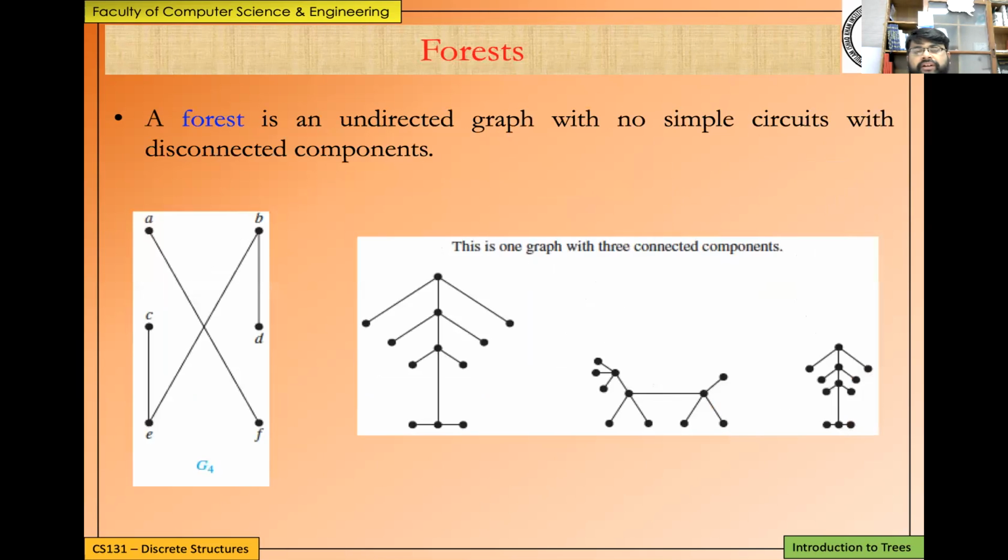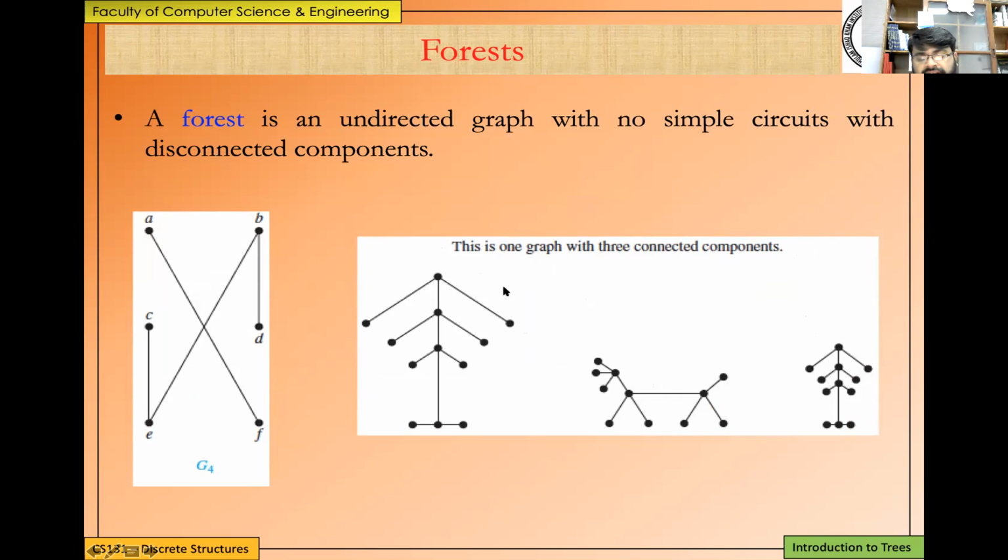On the other hand, what is a forest? A forest is an undirected graph with no simple circuits, with disconnected components. For example, G4 that we saw before is an example of a forest. It is an undirected graph with no simple circuits, but it contains disconnected components. G4 has two components. And let's suppose this is one graph.